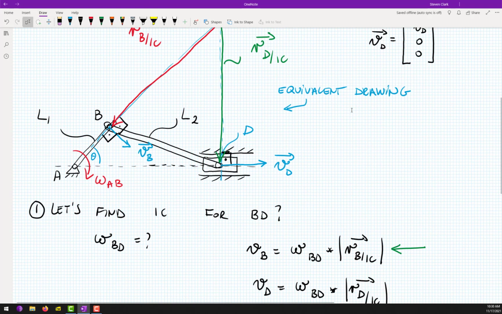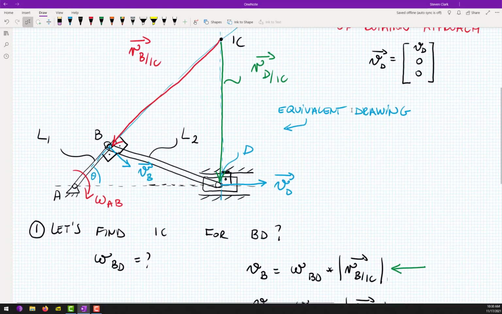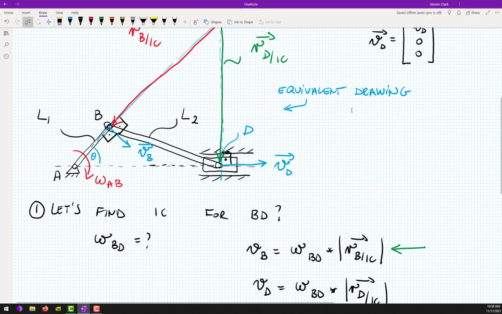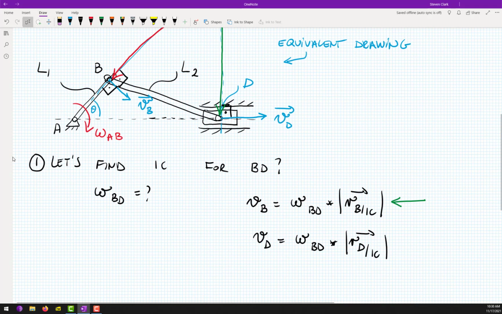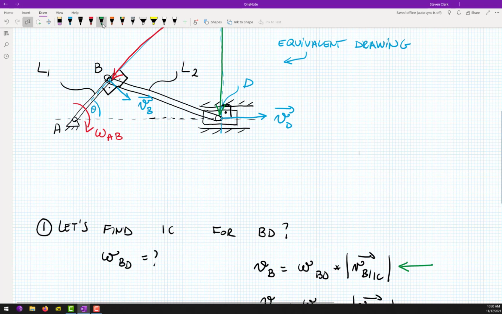But before that, let's figure out all the geometry, all the distances here. What is, for example, this distance, guys? And this distance? Let's say this will be x1, this will be x2.